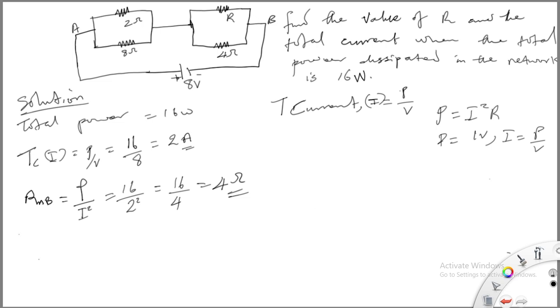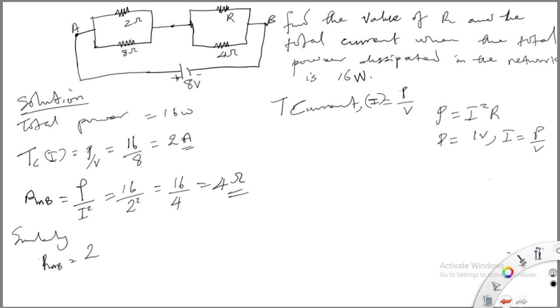So to find the total resistance between AB, similarly, RAB is equal to, if you look from this point, node A or terminal A to B, we have four resistors in which two are connected in parallel to each other respectively.